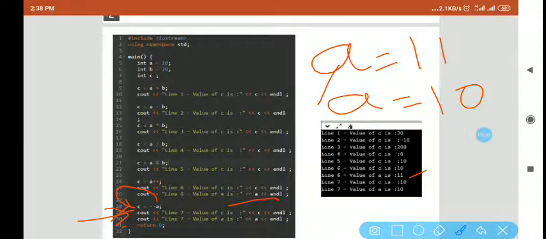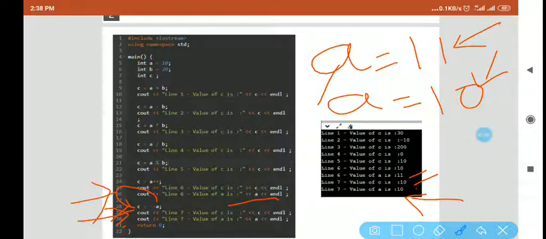So in cout line number 7, the value of c is 10, and we are also printing the value of a. Initially the value of a is 11, but due to pre decrementing the value goes to 10, so the value of a is also 10. This is an important concept for understanding. Please watch it again if you are not clear with this concept.